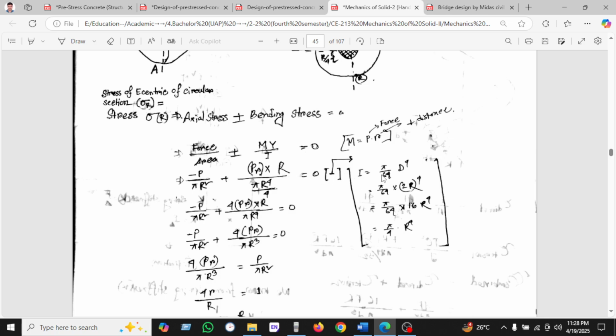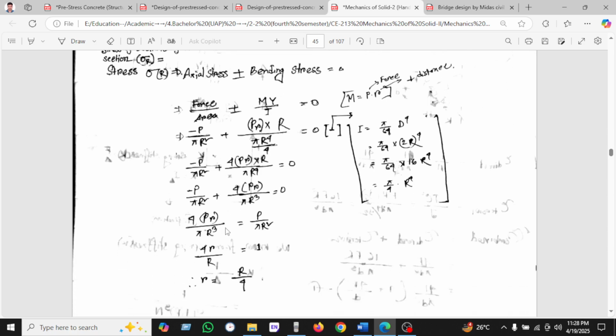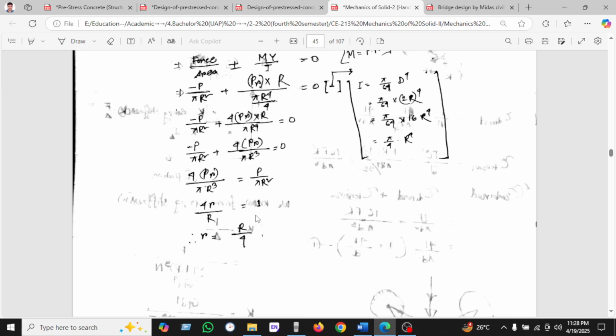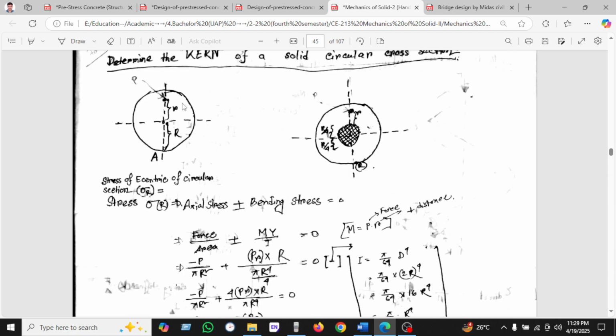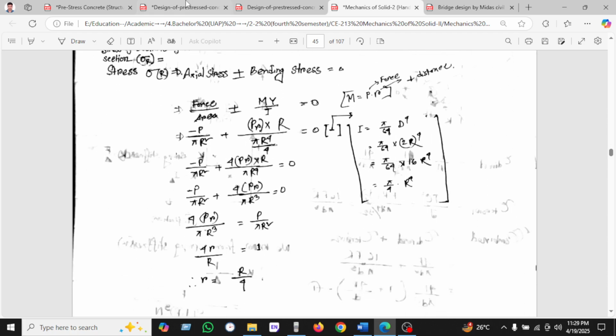This is the I. We know for a circular section it is pi d to the power 4 by 64, and d is 2r, so it is pi by 4 into r to the power 4. We've been using this formula, and after this formula we have found e equal to r by 4. That means this distance equals radius divided by 4.